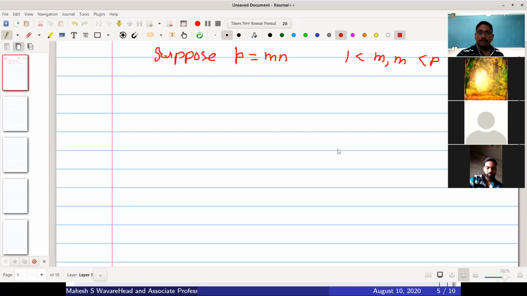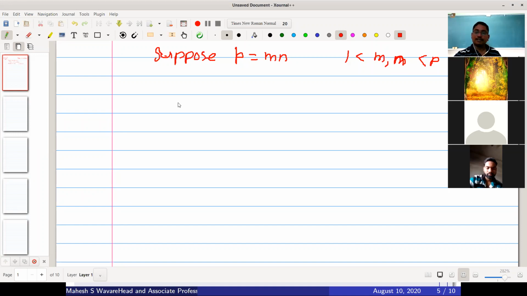Now we want to arrive at some contradiction, that you keep in mind. The characteristic of F is p, which means p is the smallest positive integer such that p times 1 becomes 0. Smallest is important. So we must arrive at a contradiction, that either m times 1 is 0 or n times 1 is 0. That we have to contradict for the characteristic being p.